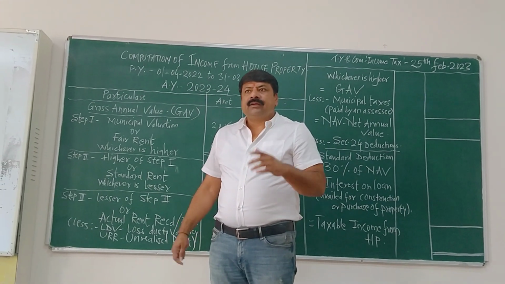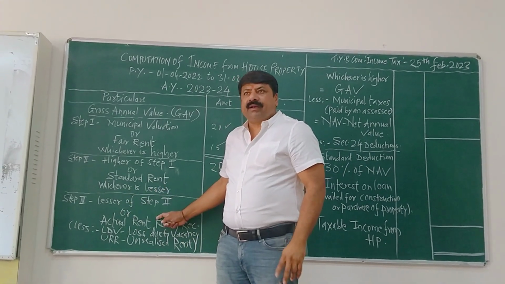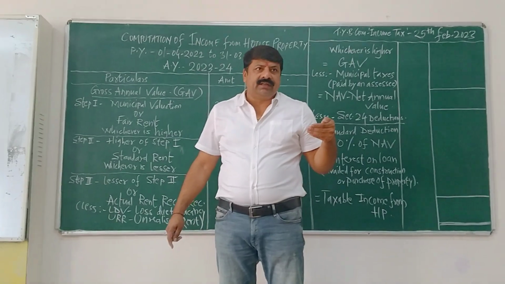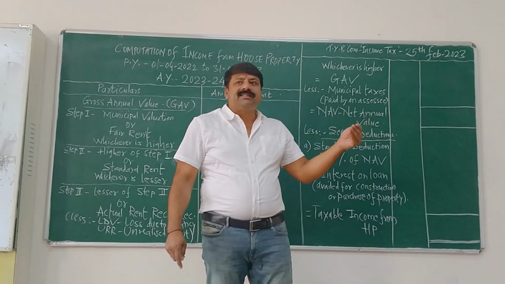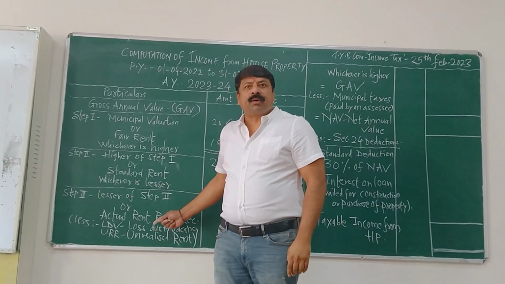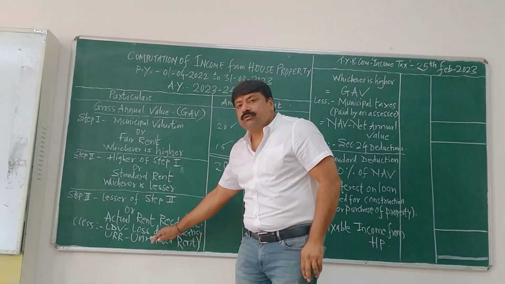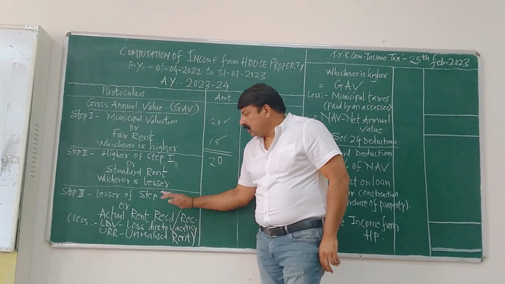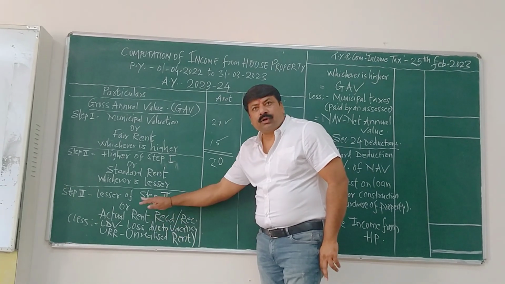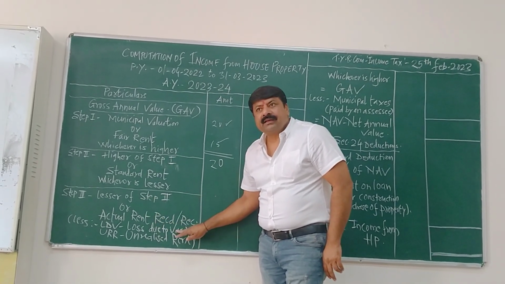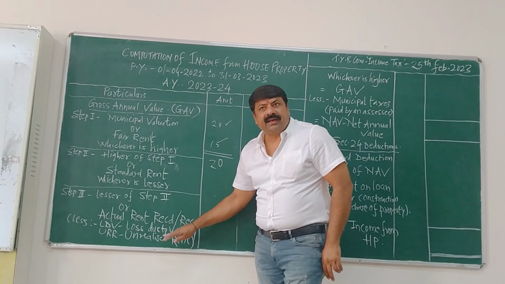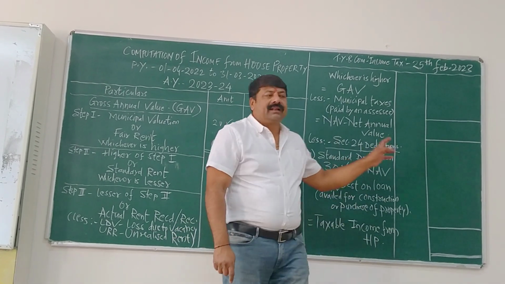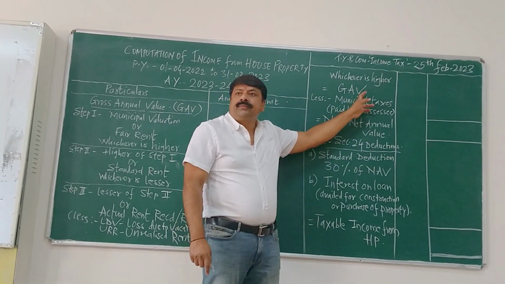Secondly, he must have documentation of all the actions taken by him for vacation of the property. So these 2 things will be deducted here, then actual rent will be considered. Now the higher of these 2, lesser of step 2 or actual rent after considering LDV and URR, whichever is higher, is your gross annual value.